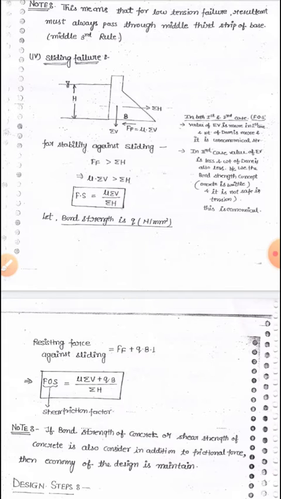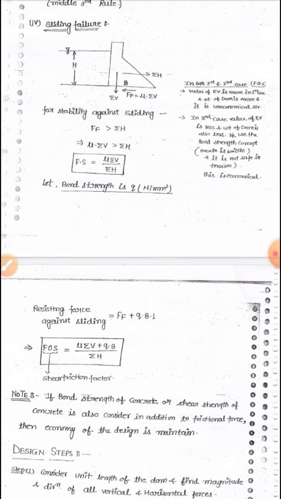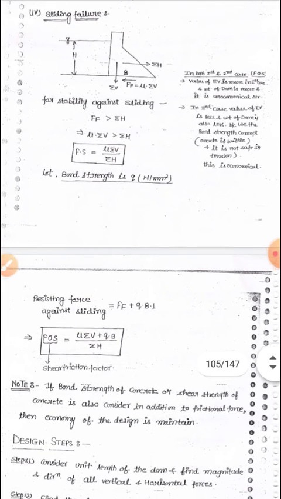The factor of safety against sliding, in which shear strength is not taken into account, is F_s equals mu sigma V upon sigma H, where mu is the coefficient of friction, and the value of this coefficient varies from 0.65 to 0.75. And sigma V is the net vertical forces, and sigma H is the summation of horizontal forces causing sliding.